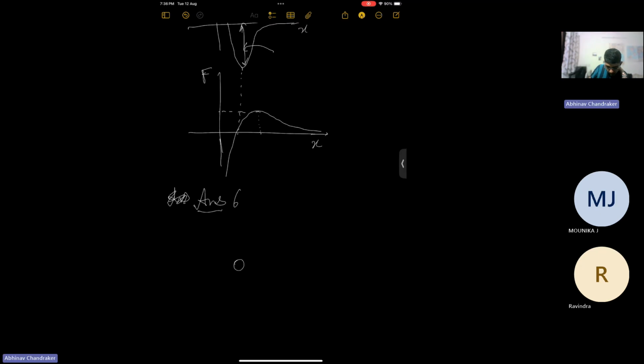So you have atoms here like this, all are bonded. And this will try to break. So it will be like this. This will break.